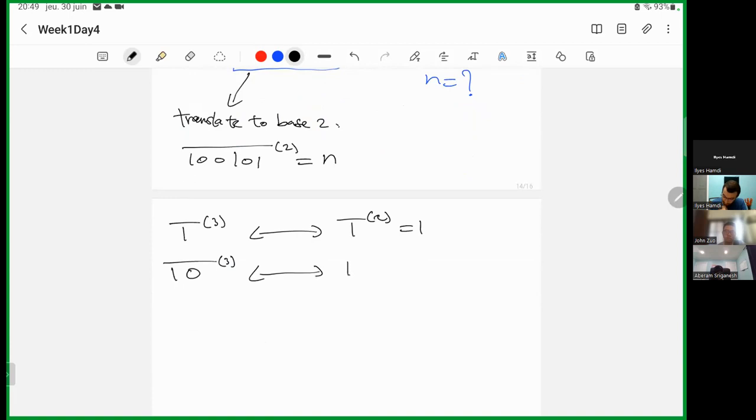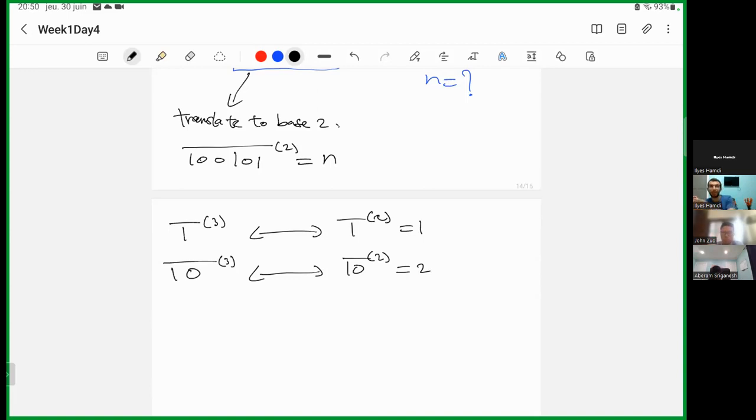So if I translate it in base 2, I will be covering all numbers. This is the idea, because every number in base 2 contains only zeros and ones. So if I just rewrite it in base 2, I'm considering all numbers. This is why it's actually a numbering, because I'm considering all numbers in order, right? I'm just converting the expression I have in base 3 into base 2, because in base 2 I only use zeros and ones.